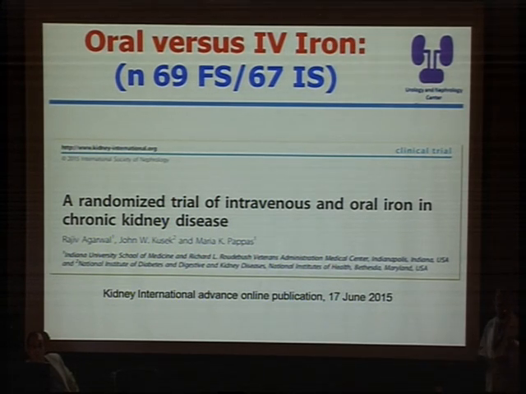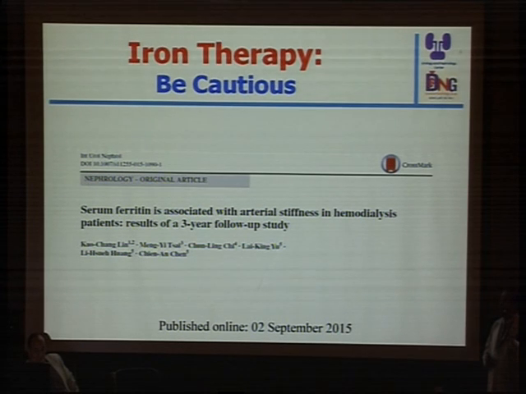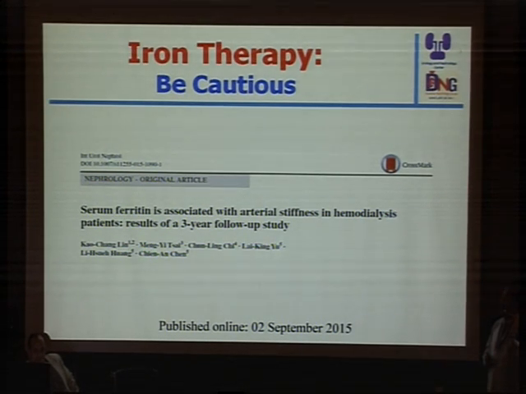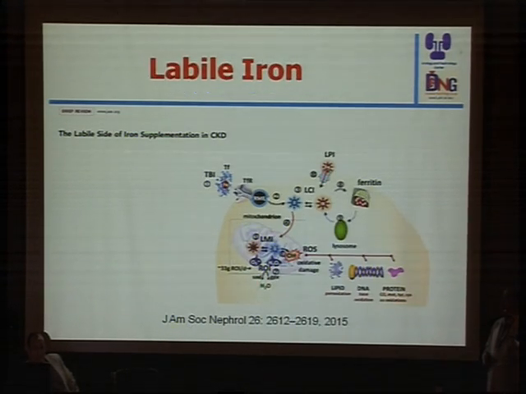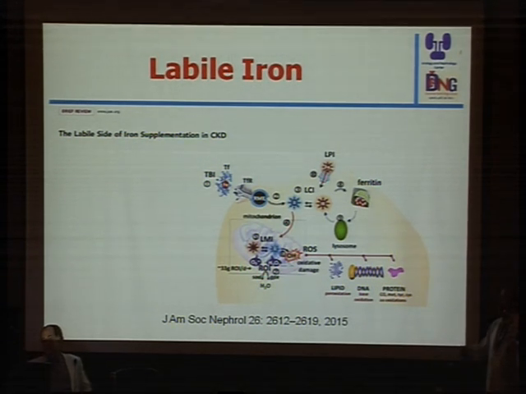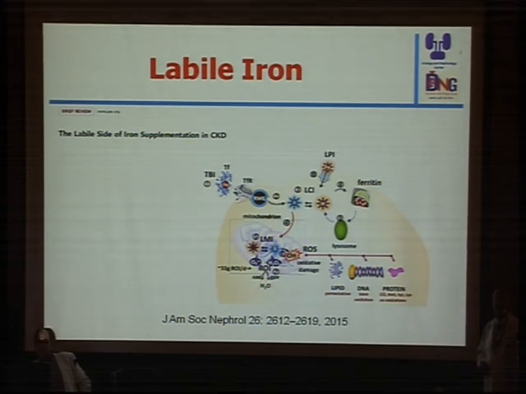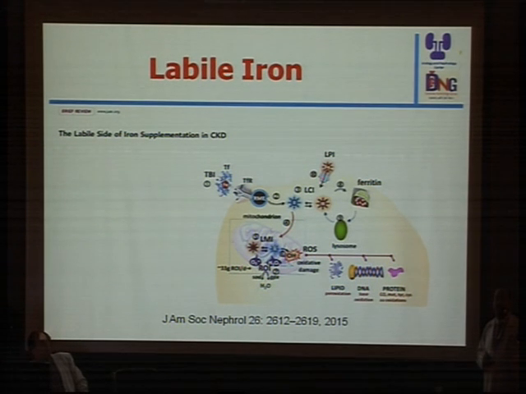This is a randomized controlled study that showed that oral iron is devoid of the side effects of parenteral iron. Again, serum ferritin. I'm not going to discuss it. And this is one of the most recent publications about the toxicity of iron and the labile iron.